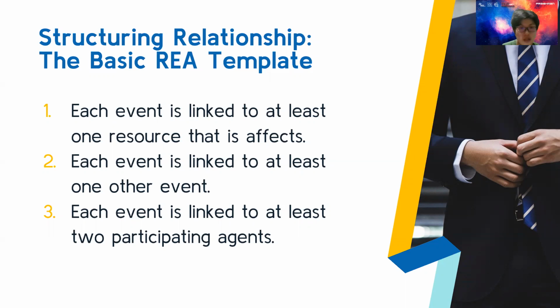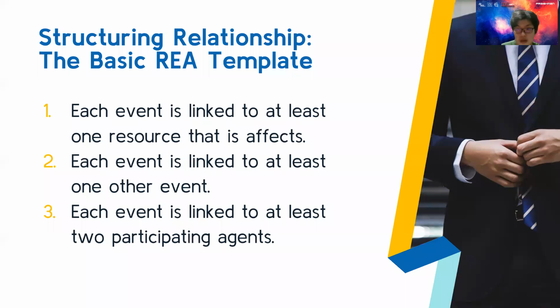Structuring relationships, the basic REA template. The basic REA template is a pattern that will describe a business transaction such that 1. Each event is linked to at least one resource that it affects, which can increase or decrease the resource. 2.